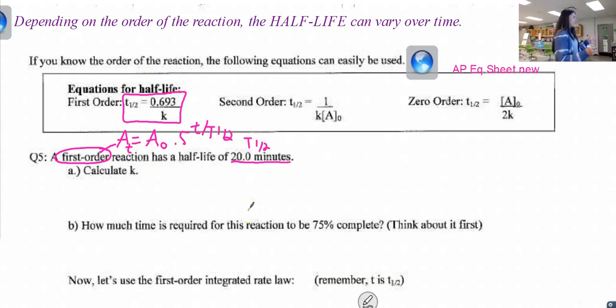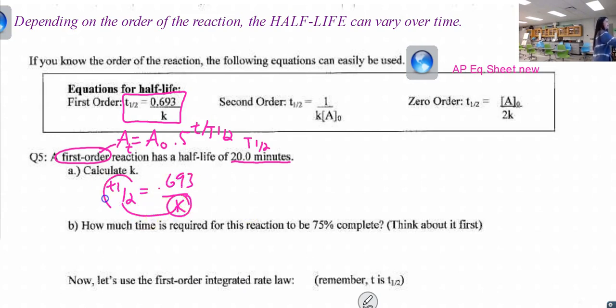So this is just asking us to calculate k using this equation. Well, if I'm calculating k, the equation is t 1/2 equals 0.693 over k. Swap those out with each other, okay? So I'm going to get k is equal to 0.693 over my half-life, which is 20 minutes.